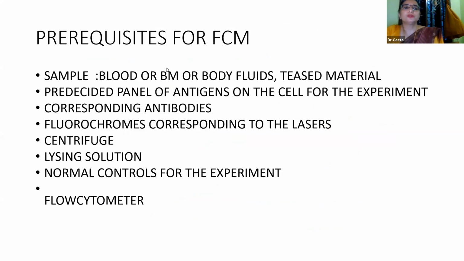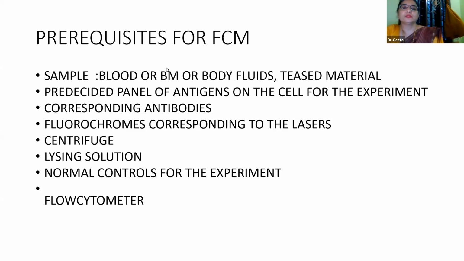Now going on to prerequisites for flow cytometric analysis. So what samples could be used? It could be blood, bone marrow, any body fluid; piece material from solid organs also is acceptable. Everything should be in fluid state. We should have a pre-designed panel of antigens as I have discussed and the corresponding antibodies.